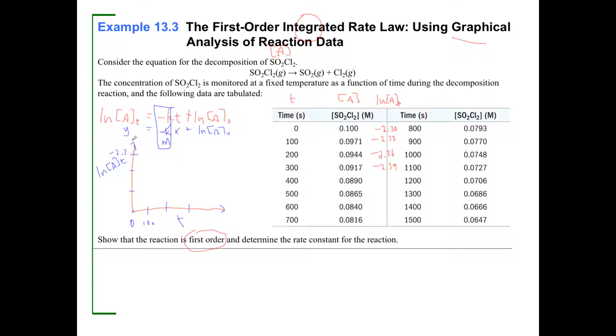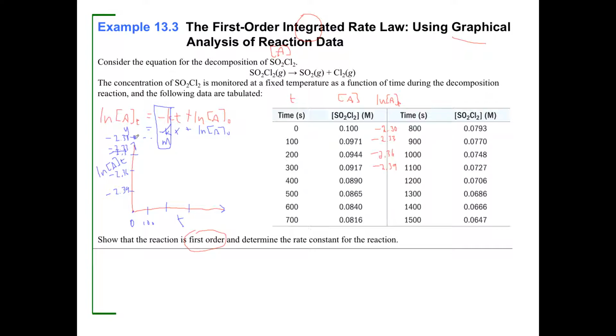I need to give myself enough spaces here. That's minus 2.3, minus 2.33, minus 2.36, minus 2.39. Actually, you can see that these are evenly spaced, right? 30, 33, 36, 39. Those are evenly spaced.